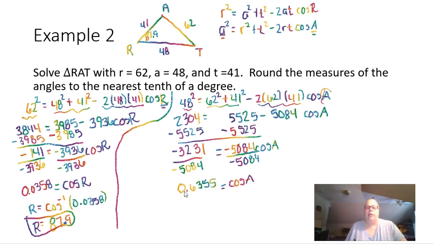Now, all the problems that we've done so far have given us a positive number right here, so that when we're doing the inverse cosine, we are taking the inverse cosine of a positive number. Please know that you can get a negative number over there and we can take the inverse cosine of it. I just need to make sure that whatever this number is, if it's negative, it's going to be bigger than -1. That way I can take the inverse cosine of it. And this is telling me that I get 50.5 degrees for angle A.